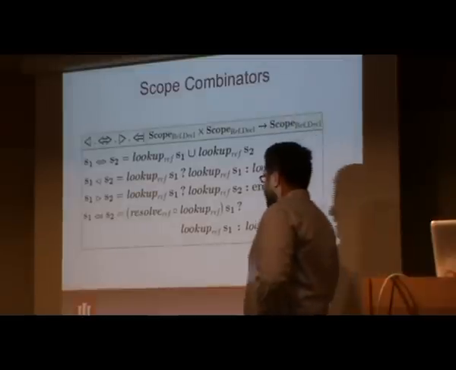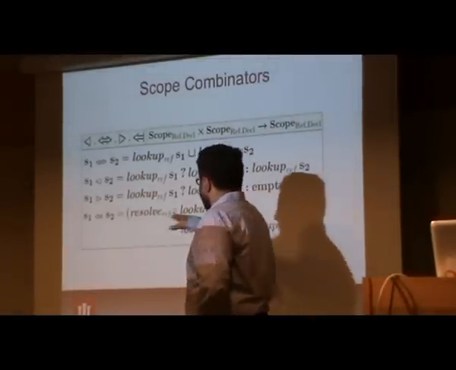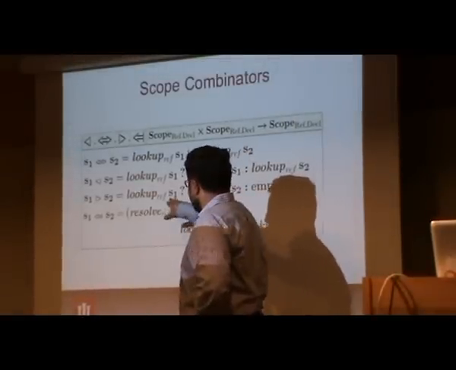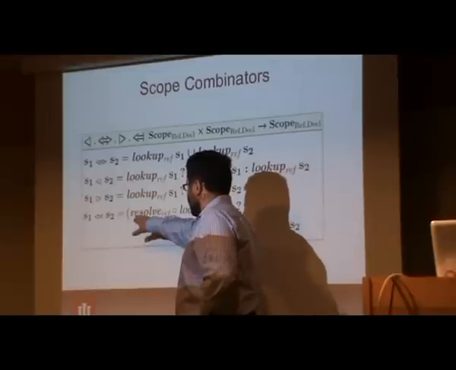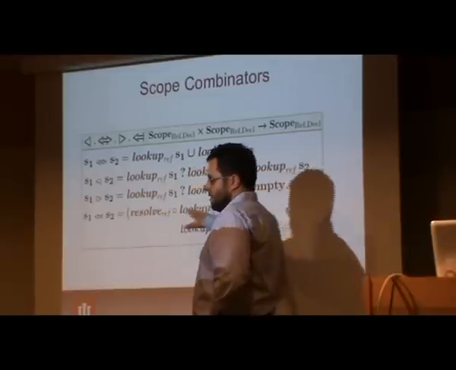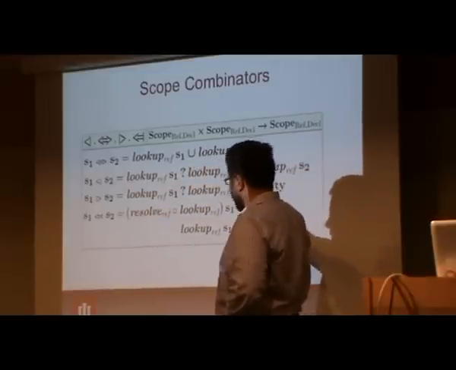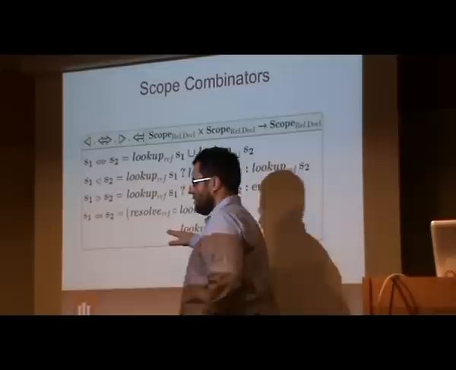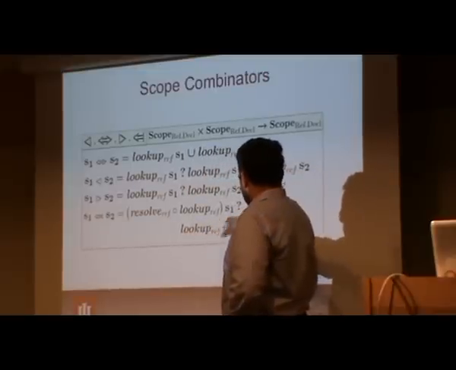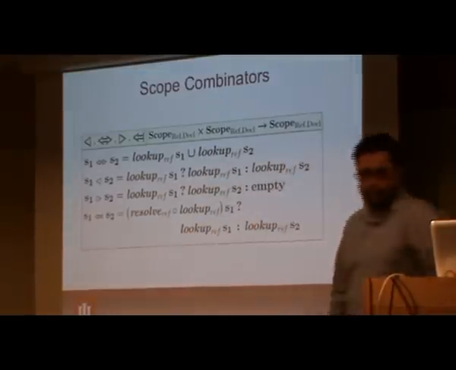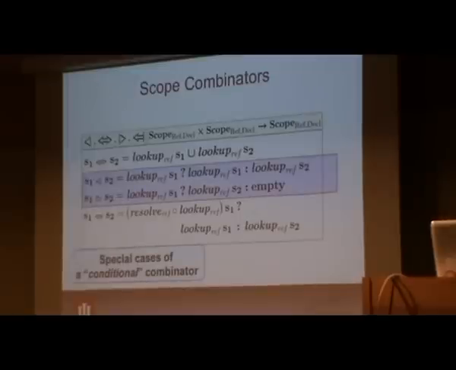And for weak hiding, in this condition we include the results of the lookup. So it's not purely syntactic hiding. We actually check if there was something that we can use, and if there wasn't, then we will go to another scope. Those two are pretty similar.